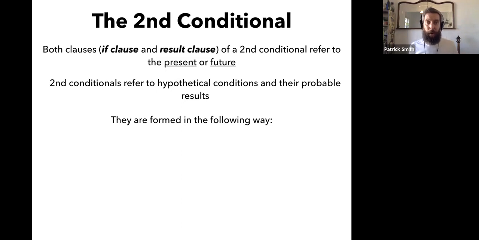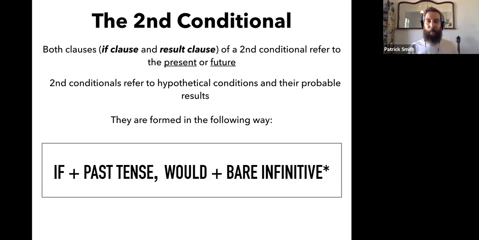So let's have a look at how we form them. Let's get into the grammar a little bit. So if plus the past tense, then we've got our comma, followed by would and a bare infinitive. So what's a bare infinitive? It's the infinitive without to. For example, in Spanish, an infinitive could be comer.